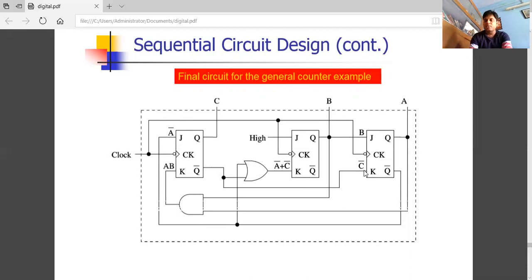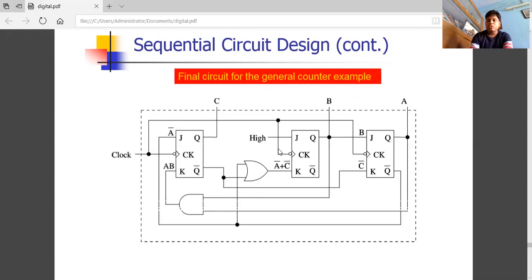Again, the circuit equations: JA equals B, which means B is connected directly to JA, and KA equals C dash. C is Q, so C dash is Q dash, and we connect C dash to KA.